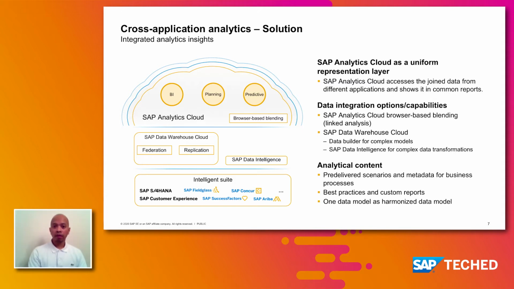If you have complex transformation that you need to do, or you want to apply machine learning, you can take advantage of SAP Data Intelligence. One of the supporting services that we also have is called One Master Data Service, which harmonizes master data across SAP's cloud applications.